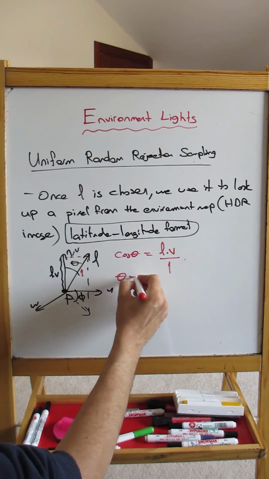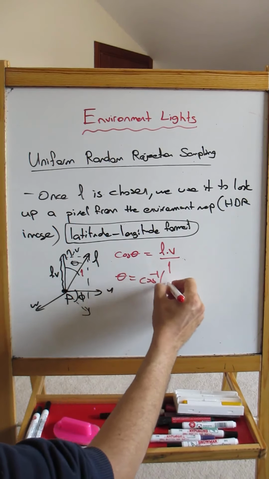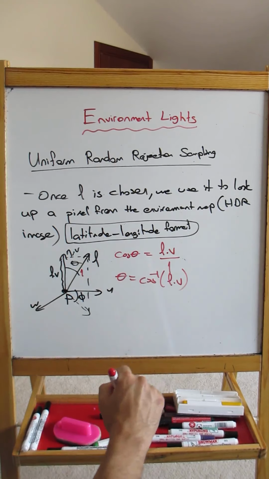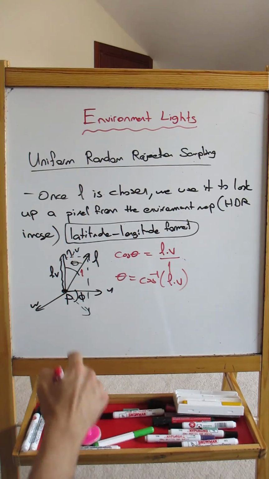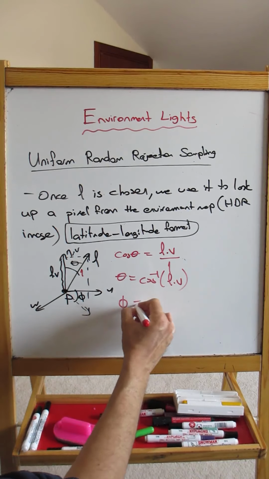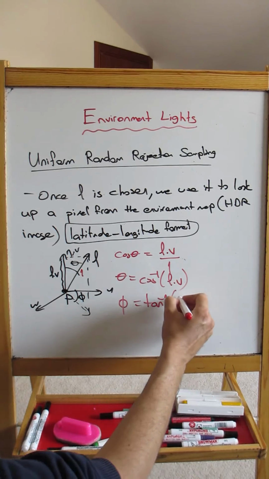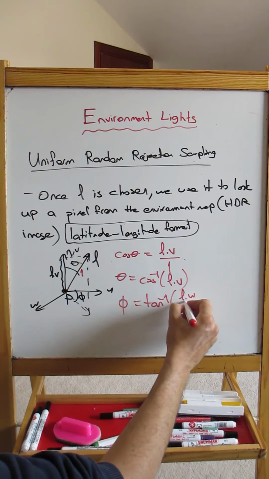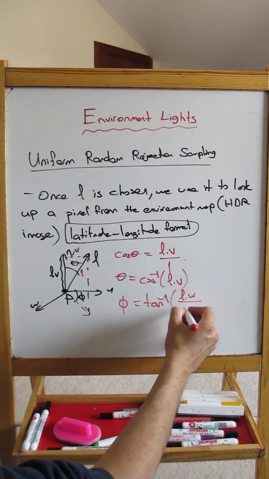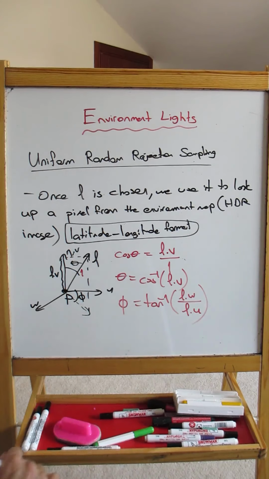So theta is equal to cos minus 1 of L dot V, the second component of L. Similarly, phi can be found, I will not write the derivation, as inverse tangent of L_W divided by L_U, just like in texture mapping.